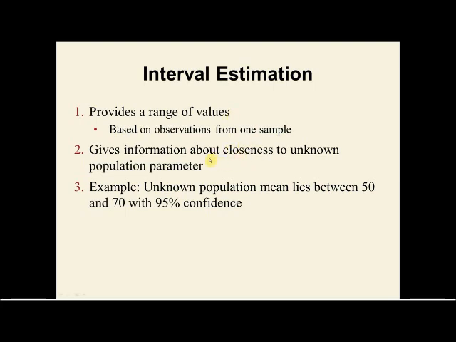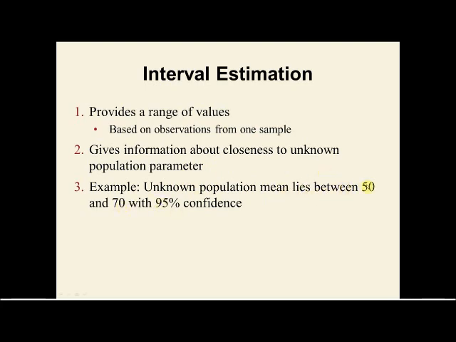So when that interval says it's between this value and this value, on a low end and a high end, the idea is that the smaller that interval is, the more accurate our estimate is, because the smaller the range is, it means we pin that value down between a high and a low. So we sort of capture it, right? We might say our unknown population mean lies between 50 and 70.